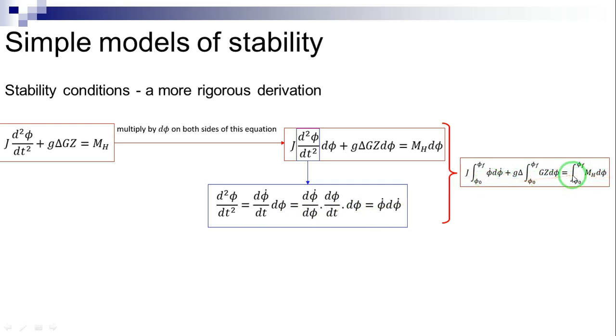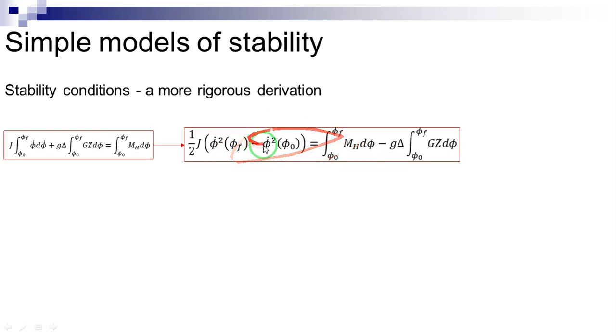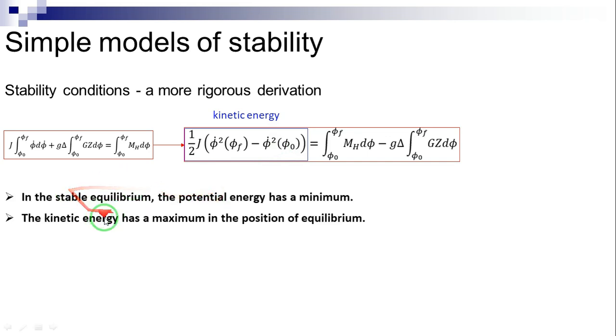The left hand side of the above equation in fact represents kinetic energy K. In the position of a stable equilibrium, the potential energy has a minimum, as the sum of potential and kinetic energies is constant in a system such as that under consideration. It is a conservative system. The kinetic energy has a maximum in the position of statical stability.